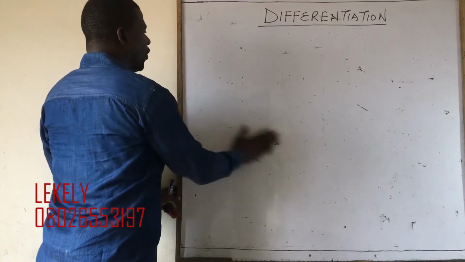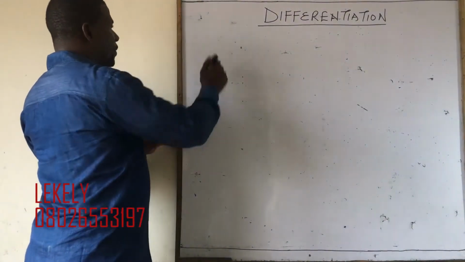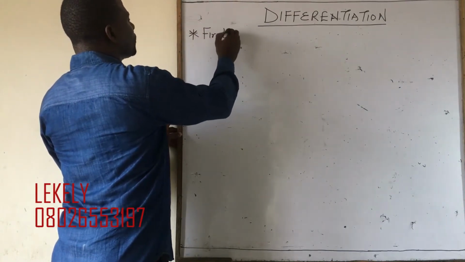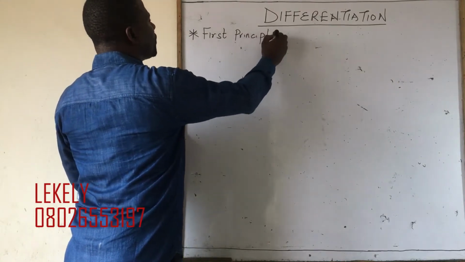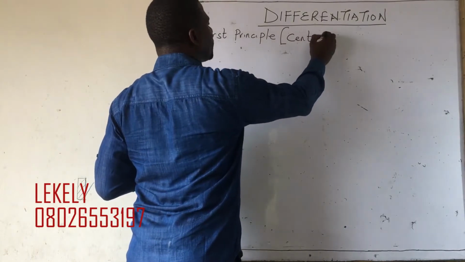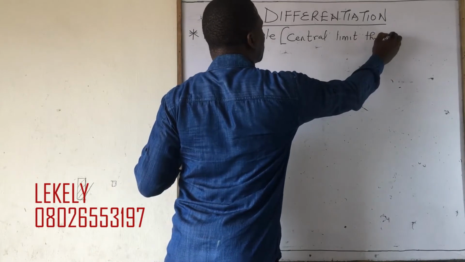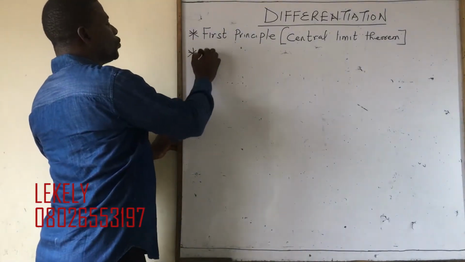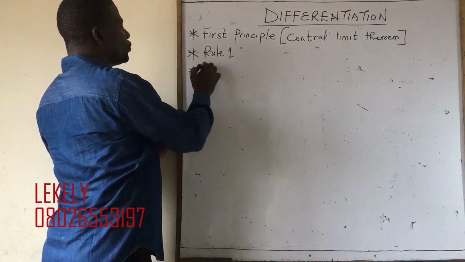Okay, having said all of this, what we are going to be looking at in differentiation will consist of first principle. You also call it central limit theorem. And then we are going to be looking at rule 1. We'll also look at rule 2.